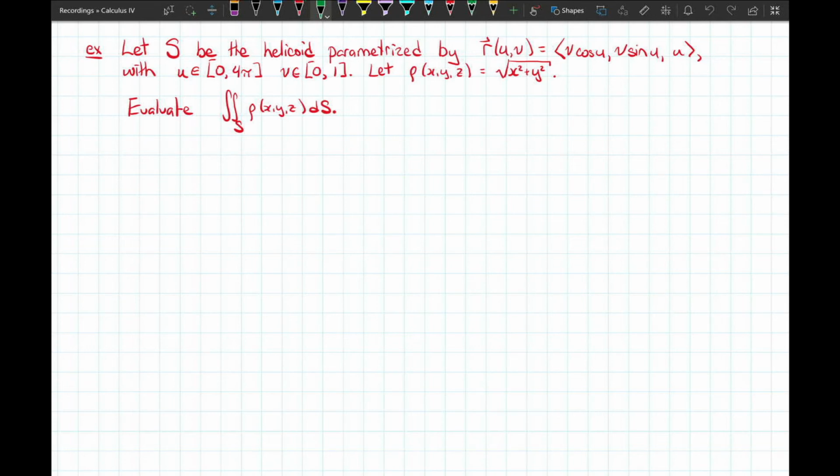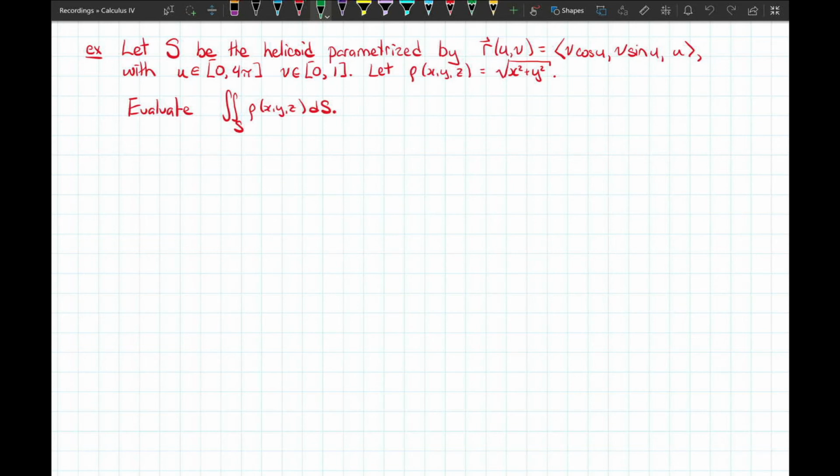Its density is 0 when we're at the z-axis, but the density will increase as we get further away from the z-axis and x and y both increase. Now, by adding up the density on each of the small little patches on our corkscrew, we get the mass of this corkscrew. So that's essentially what we're calculating right here.